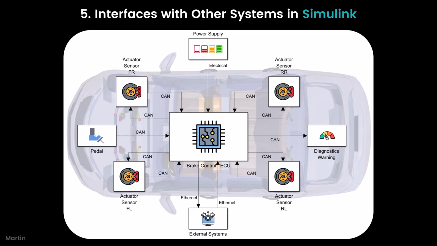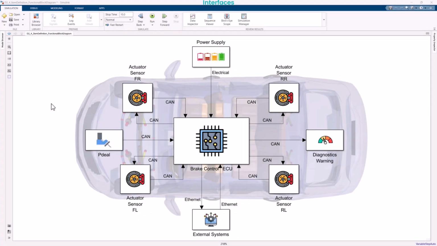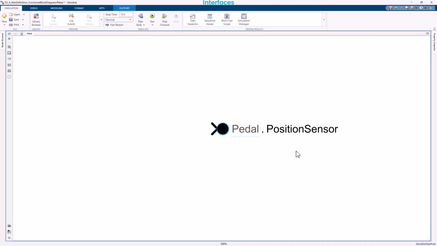Going back to the Simulink model, we define high-level interfaces by connecting the relevant subsystems. To provide more clarity, we specify input and output buses for each subsystem, detailing the signals exchanged across these interfaces. We will use the pedal subsystem as an example to demonstrate how to create high-level interfaces in Simulink.